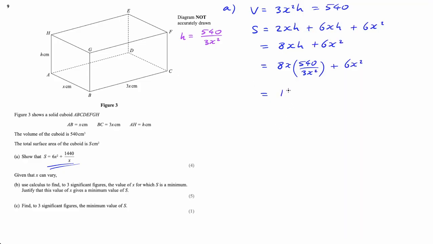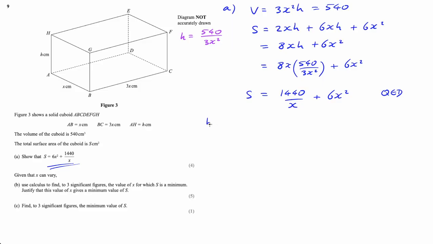So this is 1440. Notice the x squared is on the bottom, the x is here, so I do 1440 over x, and then this is plus 6x squared, which is what we were asked to show. So I'm going to write QED. Okay, done. That is part A.